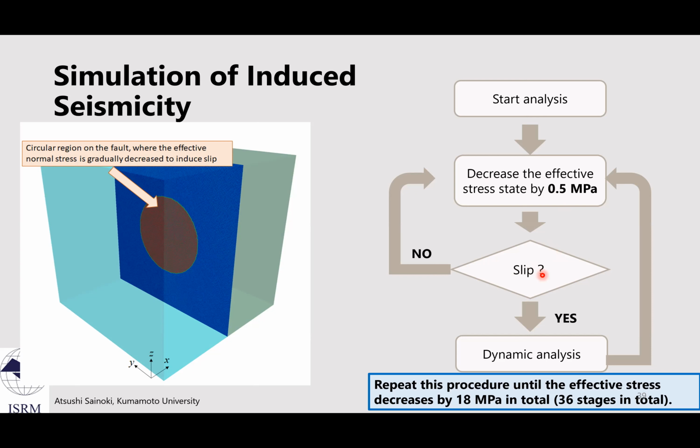Then the dynamic analysis is run to simulate fault slip in the dynamic condition, and it is stopped when there is no shear displacement increment on the fault plane. After that, again, the effective normal stress is decreased by 0.5 megapascal in the same way. This procedure is repeated until the effective normal stress is decreased by 18 megapascal in total.